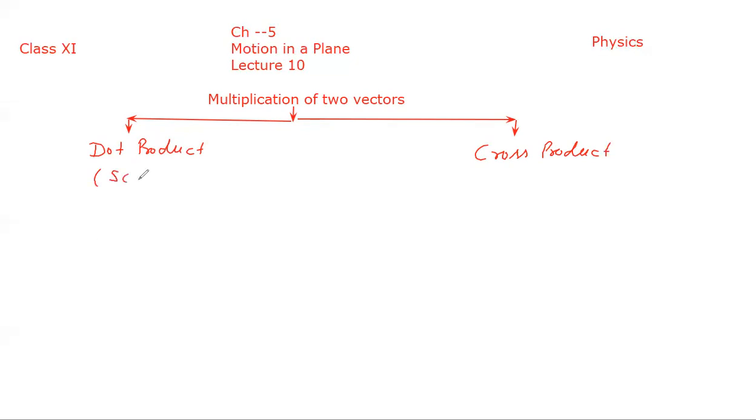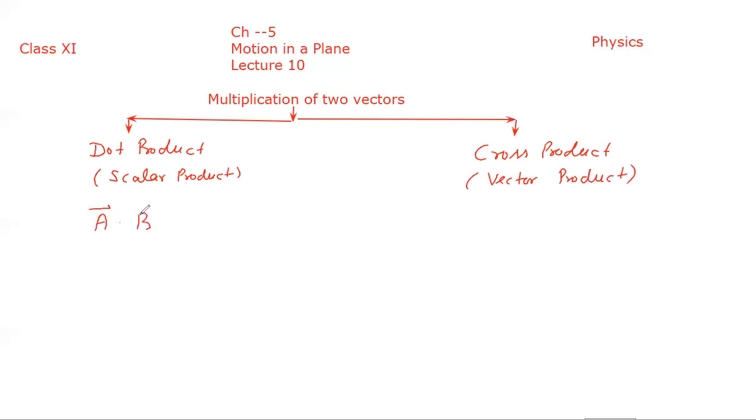So dot product is also called a scalar product of two vectors, and cross product is called vector product, because after the cross product the resultant quantity is a vector quantity. So what is scalar product and what is vector product?